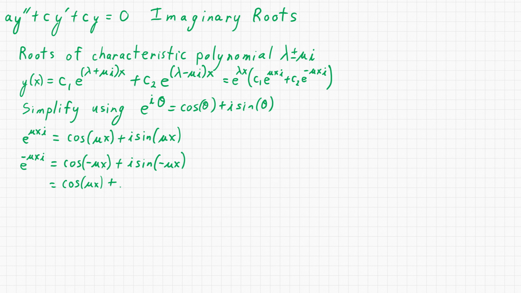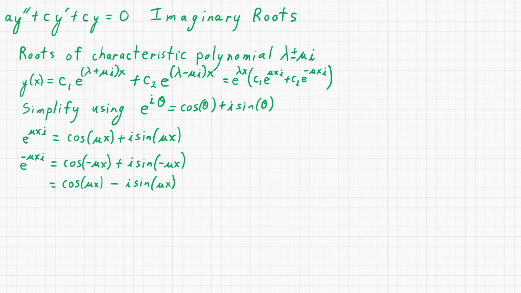But sine is the opposite: if you flip it about the y-axis, it ends up negating sine. So you actually have negative i sine of positive mu x; the negative can come out of the sine. These are the two formulas we want to work with.